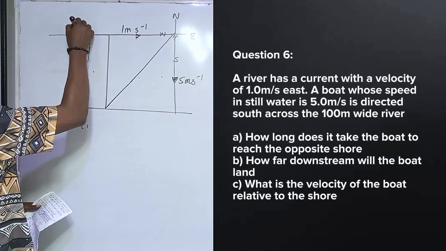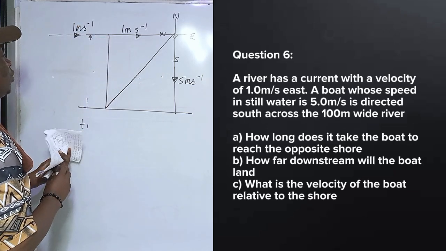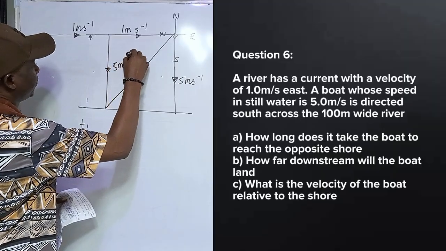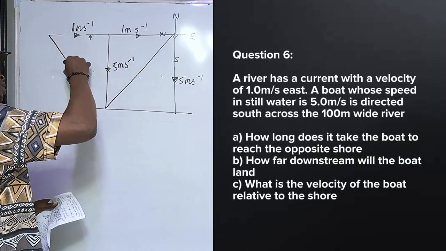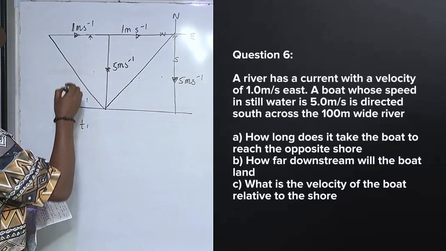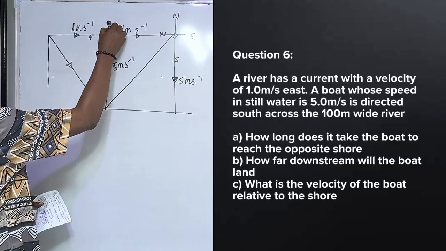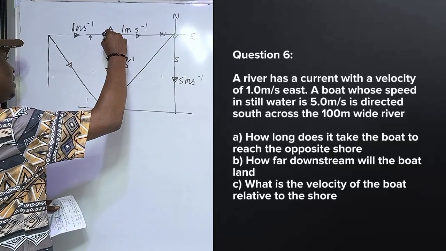This is 1 meter per second. Sorry for that. Then south is downward, which is this one, 5 meter per second. This is 1 meter per second. Then this one will now go in this direction, so the arrow starts from here. Starting from A to B if it is to move directly.